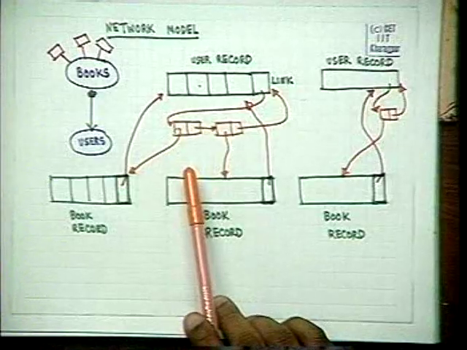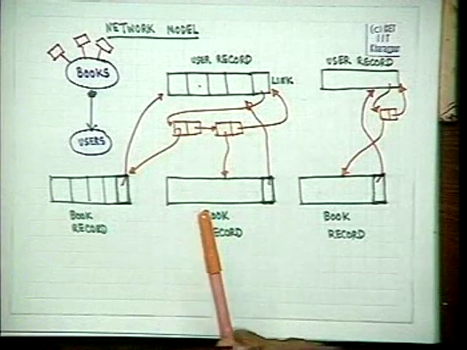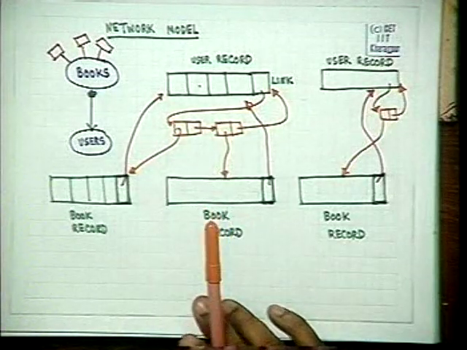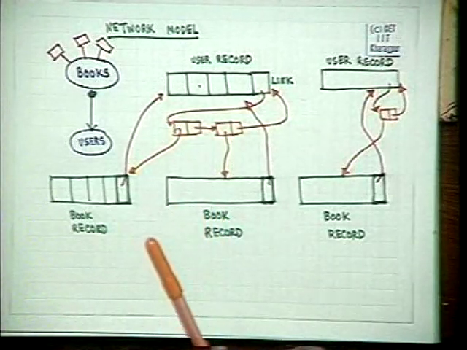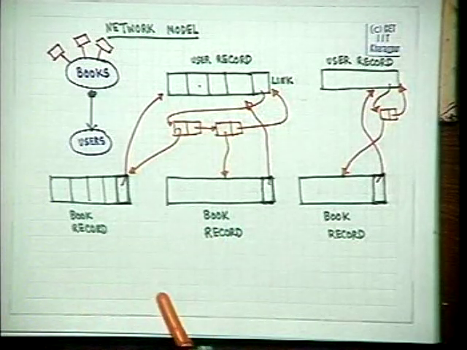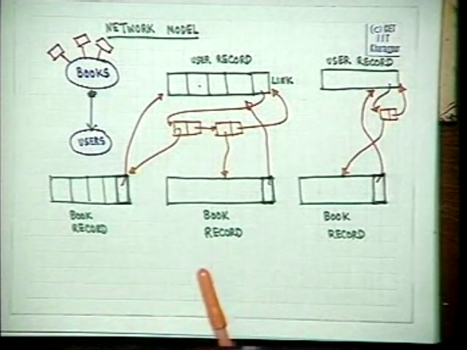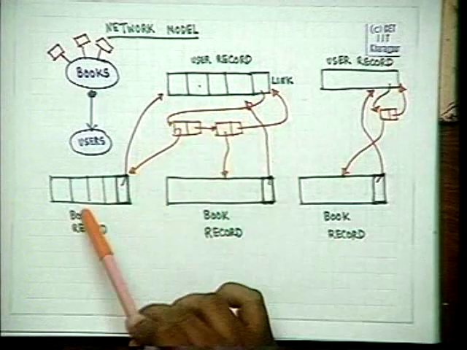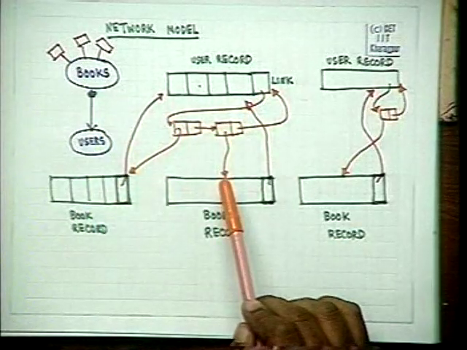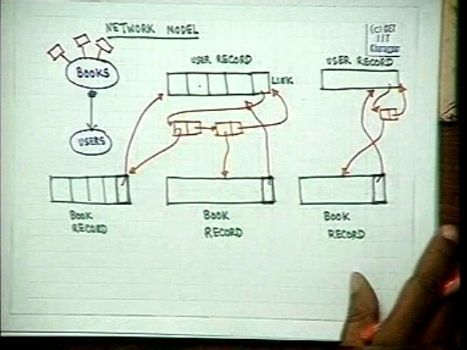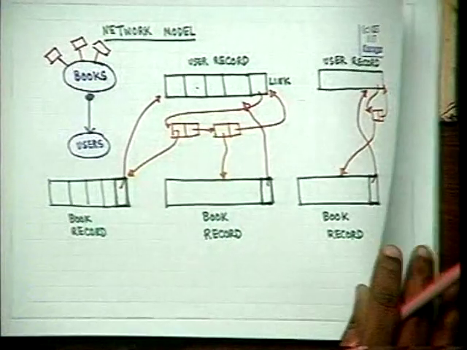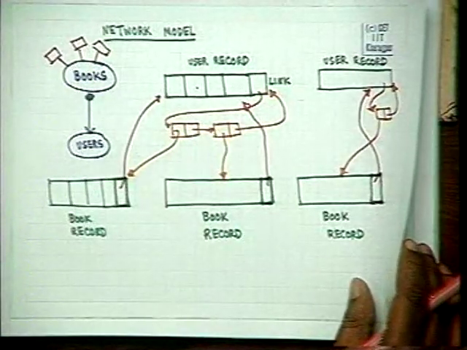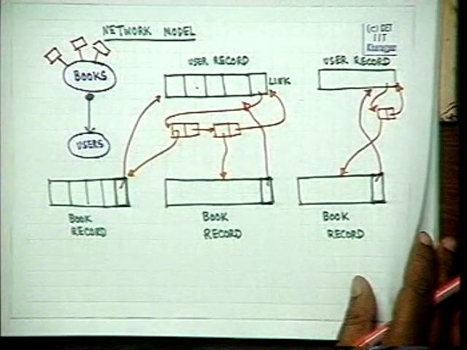The hierarchical model is related to the network model, but in a network model, since it's a network, you can have cycles, and you can have one person pointing to two people pointing to five people, and therefore in general this connectivity is a graph. The hierarchical model is a version of the network model where the connectivity is defined in terms of a tree only.